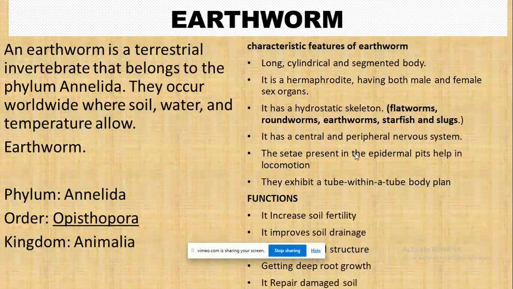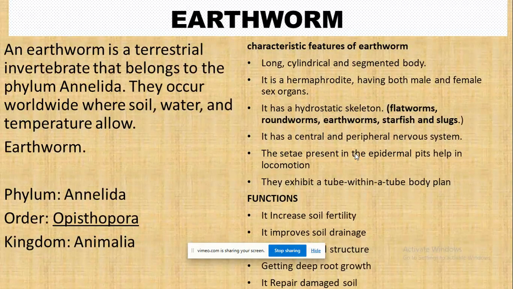Now let's look at some of the characteristics of earthworm. It is long in nature, so it has a cylindrical and segmented body. As you can see, it is a hermaphrodite animal, that is, an animal that has both male and female sex organs. Okay, it has a hydrostatic skeleton like a flatworm, roundworm, starfish, and so on.